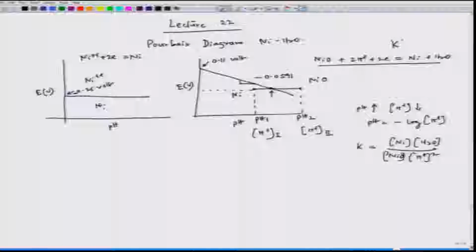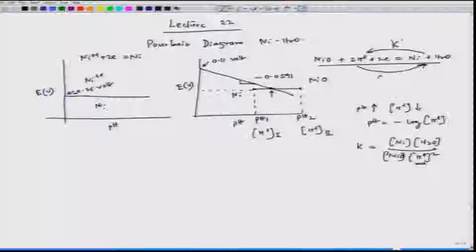Now, if we increase H plus ion concentration, then the system should go this way in order to maintain the reaction equilibrium constant. And if we decrease H plus ion concentration, the system should go this way.